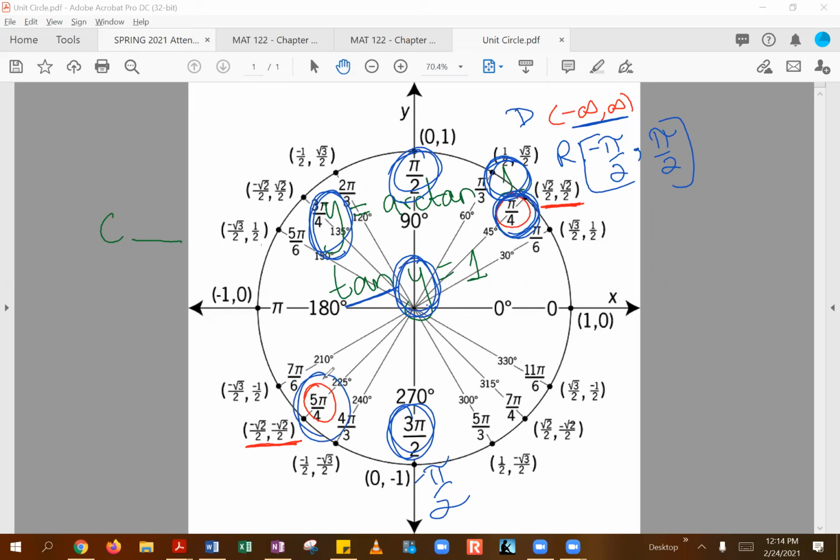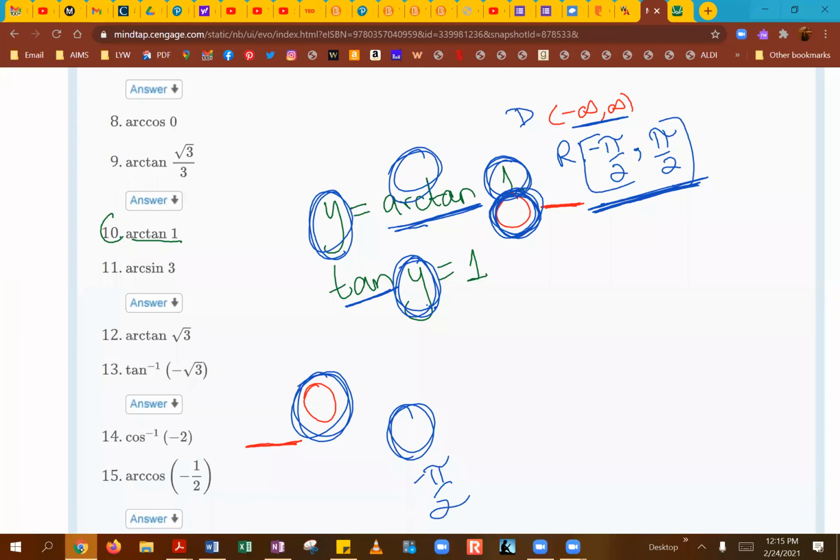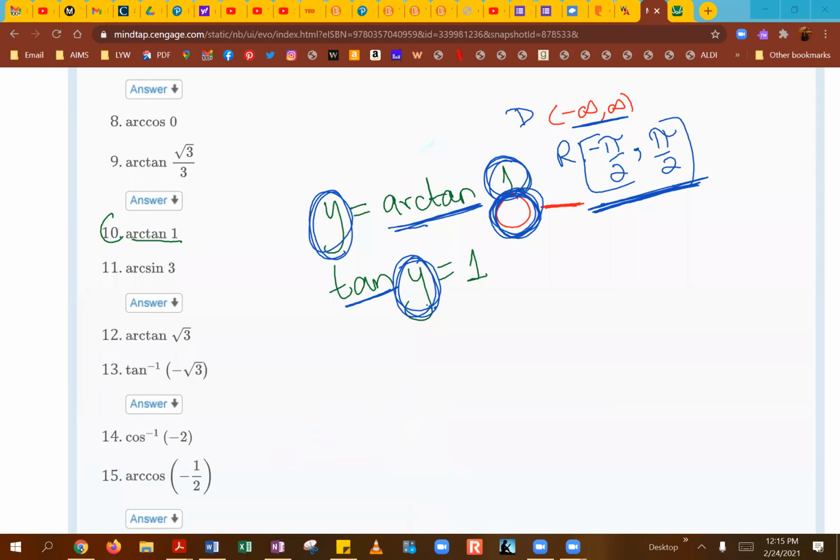So even though this is an option that you have, because we have a restriction on our range for the arc tangent function, you're only looking at pi over 4. So always make sure you are, like I was telling you, looking at those domain and range values to help you decide. So coming back over here, let's get rid of some of this extra stuff.